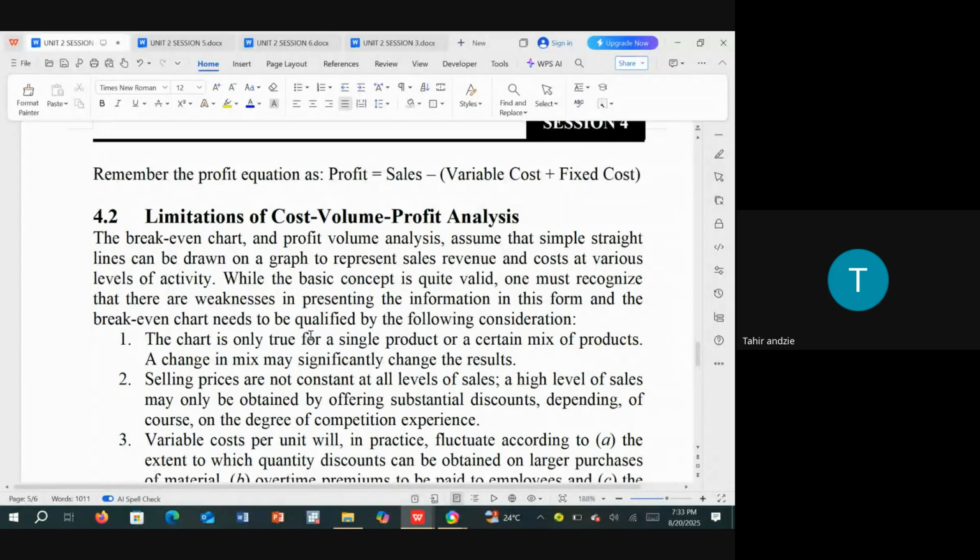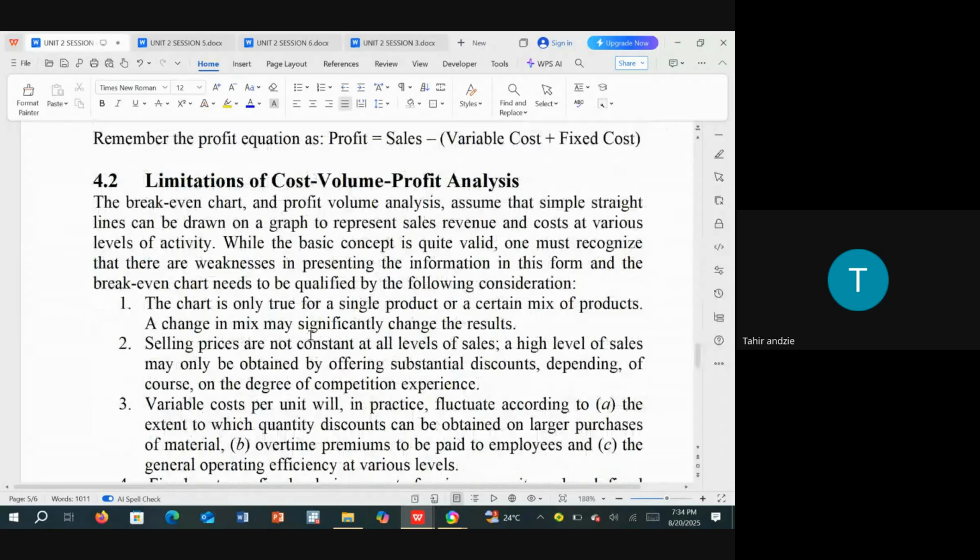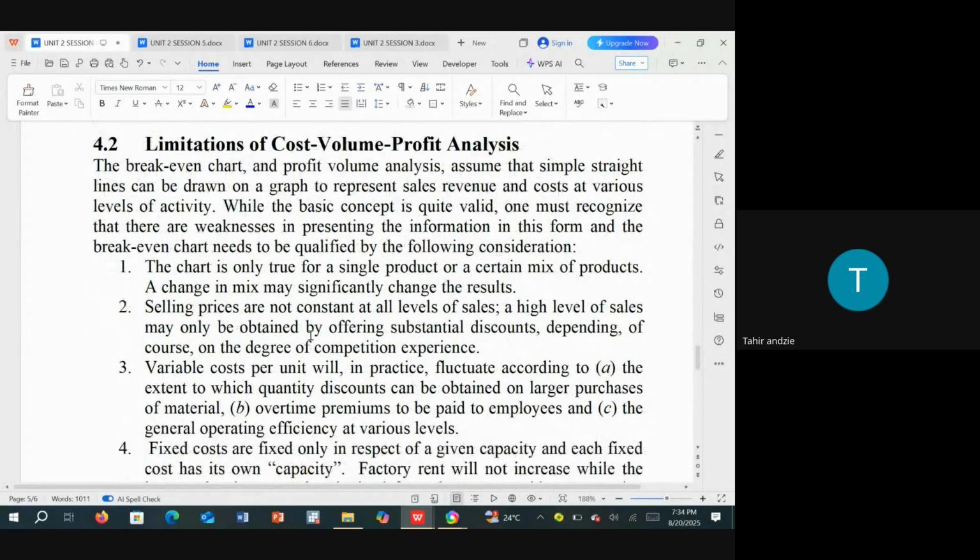So you see, the assumption we make in coming out with our break-even chart is that we can easily get the sales line, fixed cost line, and total cost line being linear. But this is very simple in theory, while in practice we see that this cannot be valid. So when we are making those analyses, we consider these factors. One is that the chart is only true for a single product or a certain mix of products.